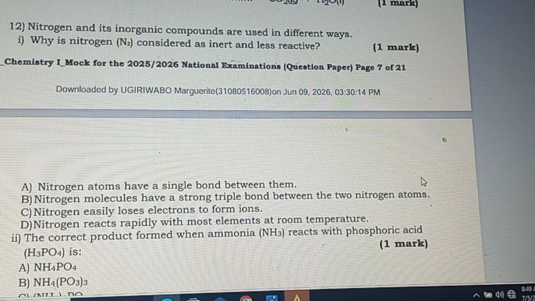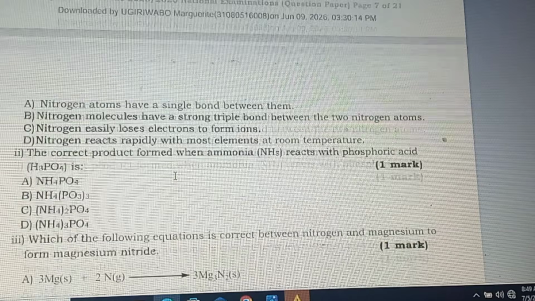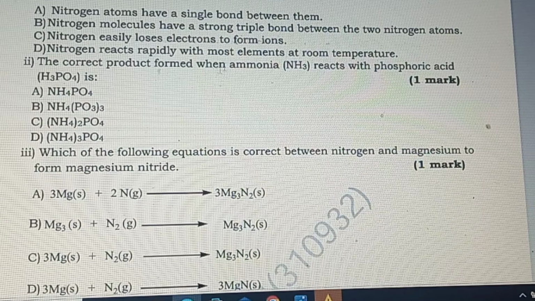Another reason is the strong triple bond; it also has a stable electron configuration that is not changed, and nitrogen also has higher bond energy. Let's continue with part 2: the correct product formed when ammonia reacts with phosphoric acid.